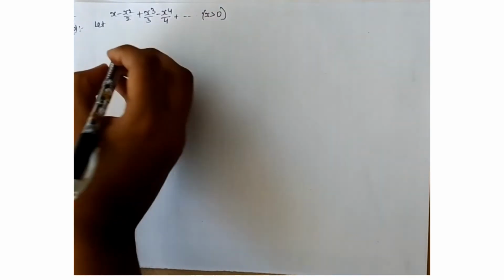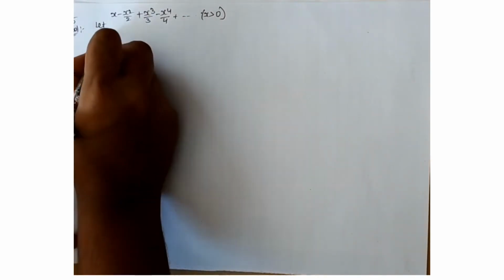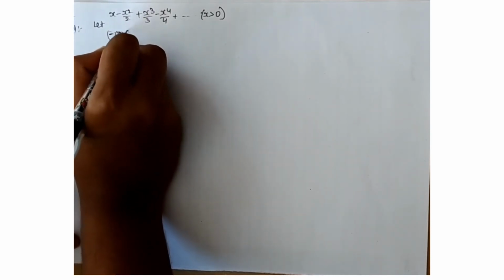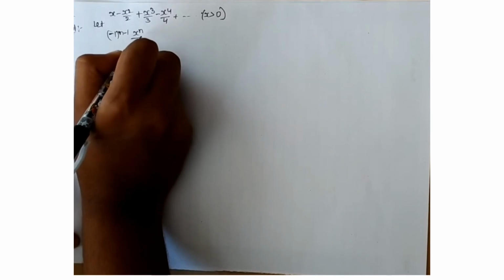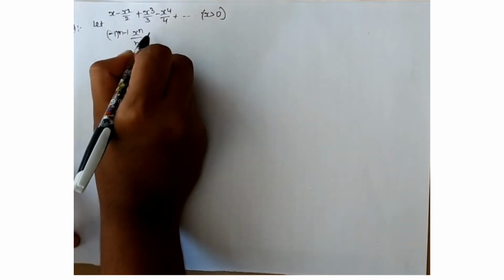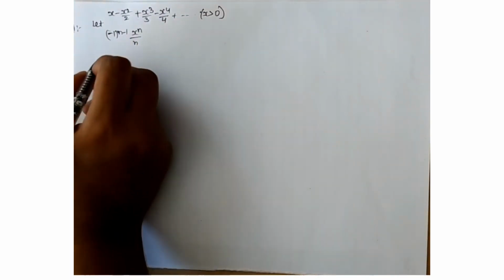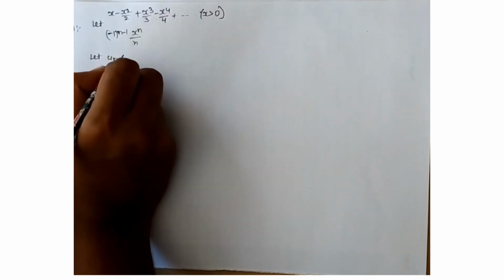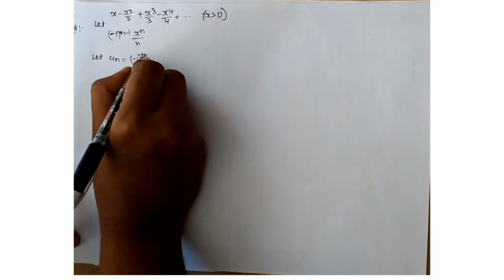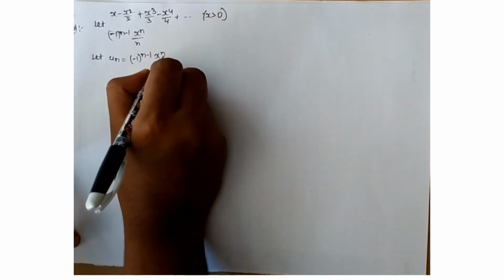This is of the form of a sequence. We will write it as (−1)^(n−1), of the form x power n by n. Here n starts from 1, 2, 3, 4 and so on. Then let un equal (−1)^(n−1) x power n by n.